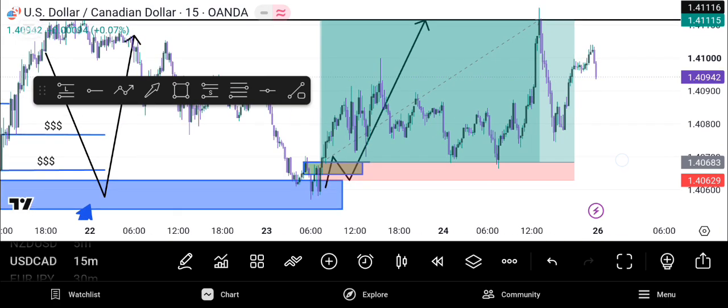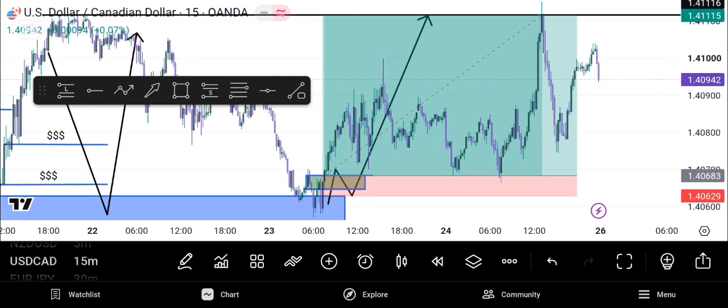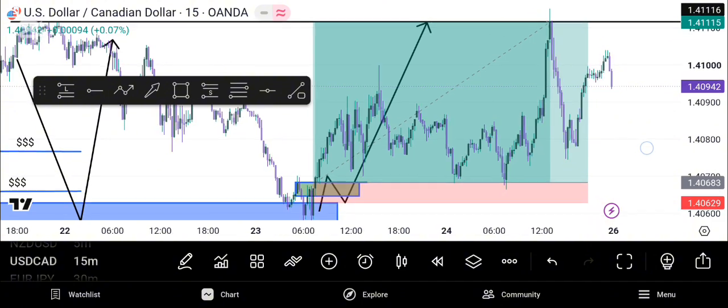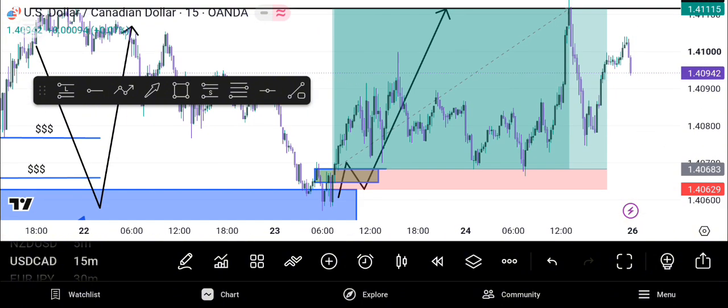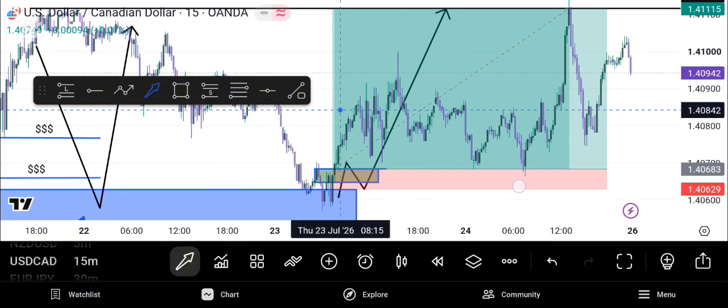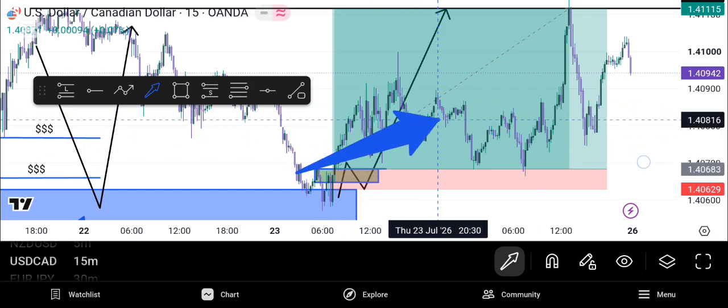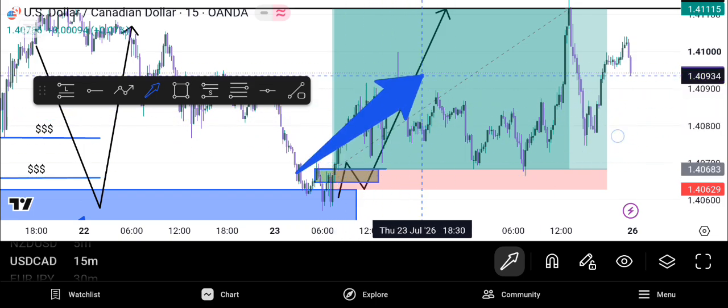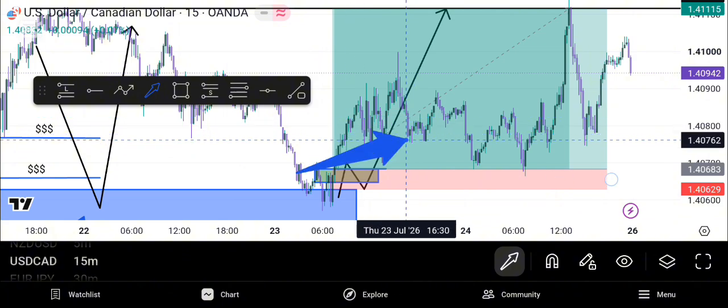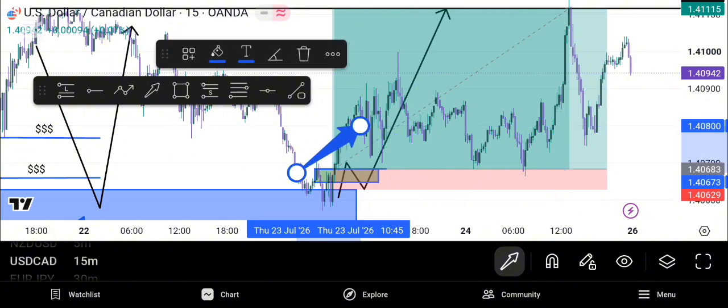So I held it for some hours, close to 24 hours. I held this trade because at some point when price left here and started consolidating, I told myself I'm not going out of this position. I'm going to be holding the trade, and I held the trade and got full TP.